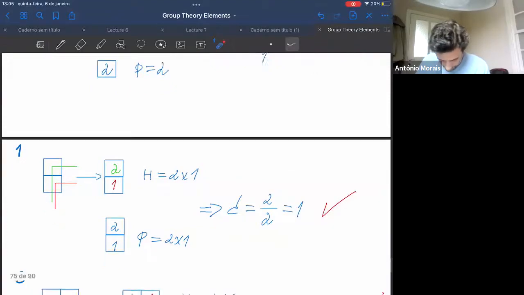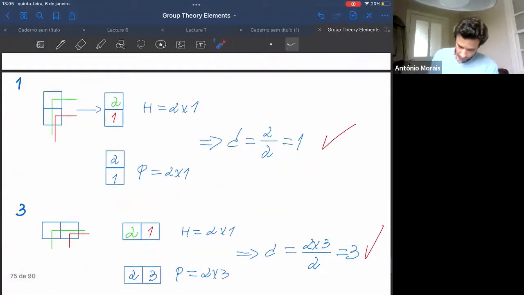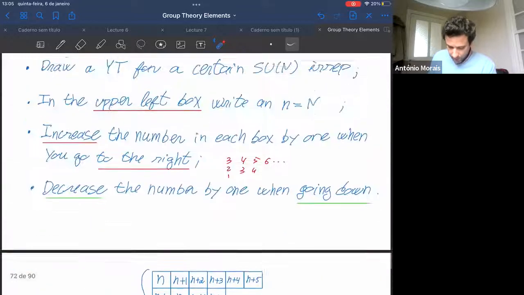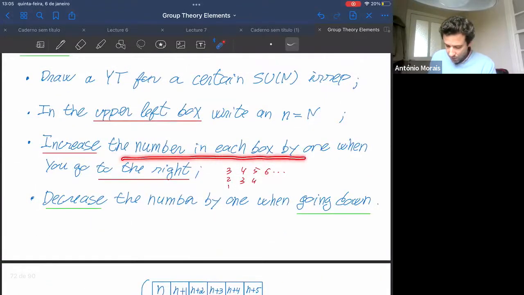Singlet. Perfect. Triplet. For the hooks, you have 2 hooks here and 1 hook there. So again, the hook factor is 2. But now let's go to the rules. Increase the number in each box by 1 when you go to the right.